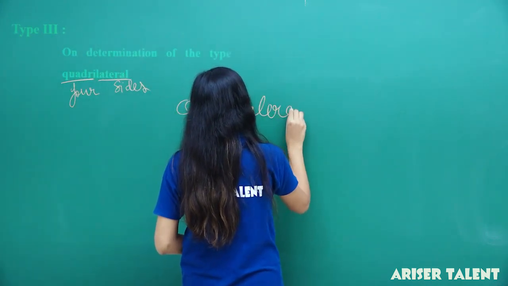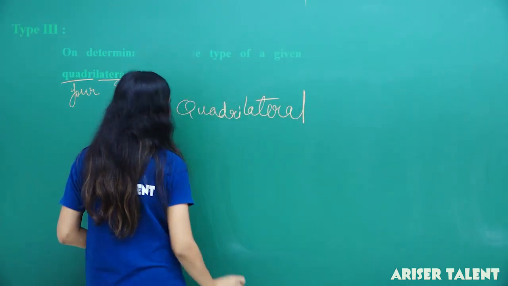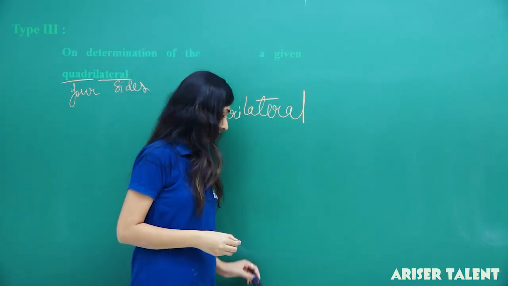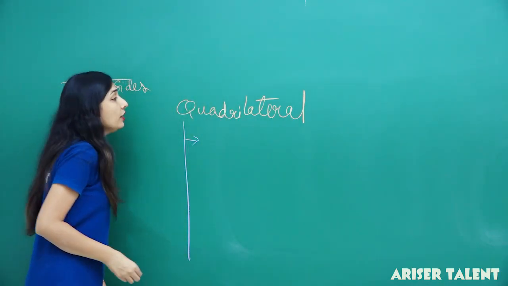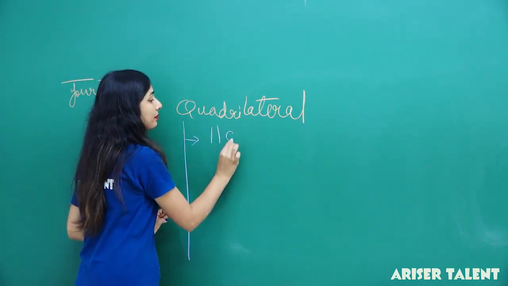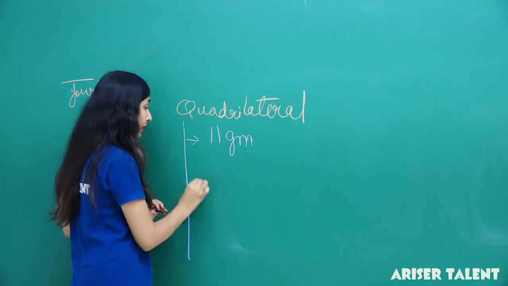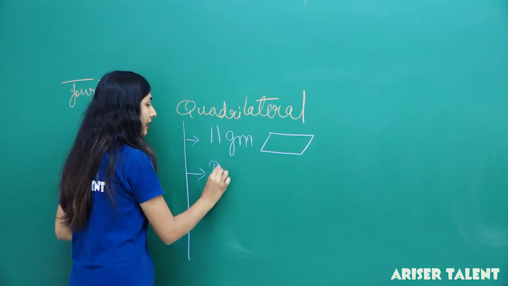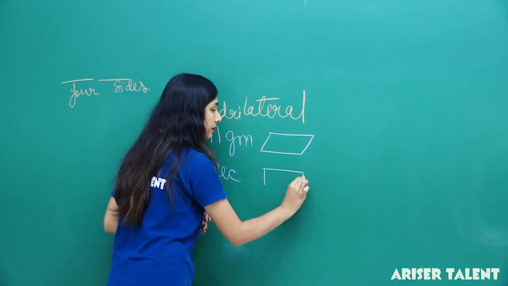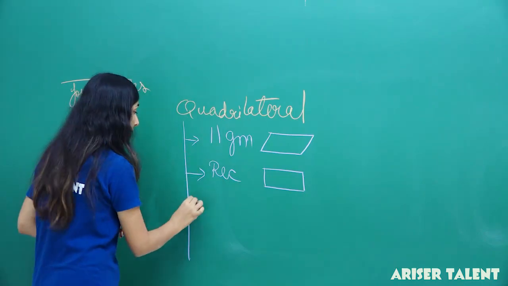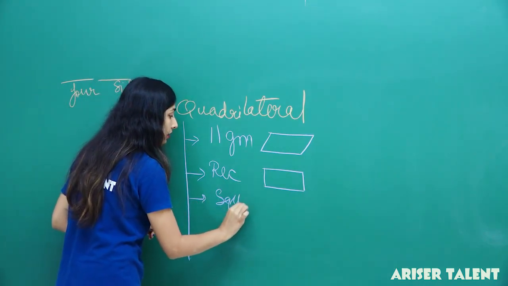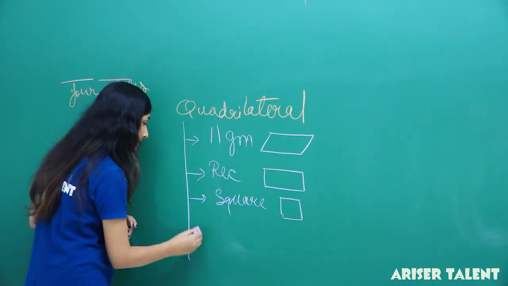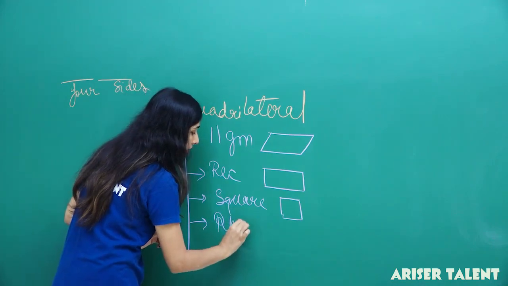A quadrilateral can be a quadrilateral, but other than that, okay, so a quadrilateral can be a parallelogram, that's your parallelogram, right, that can be a rectangle, that can be a square, that can be a rhombus.